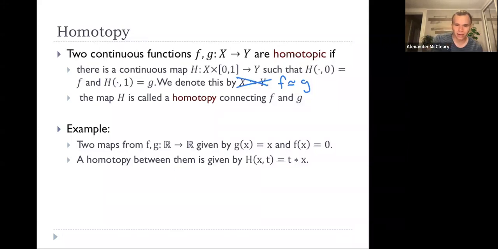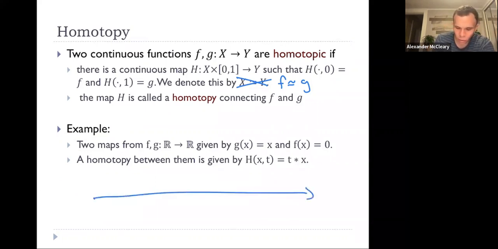Okay, we're really just going to look at this one example here, which is showing that the whole real line is homotopy equivalent to a point, which we'll see what homotopy equivalent means in a second. So we have the whole real line here. G of X is just the identity. So G takes the real line to itself.